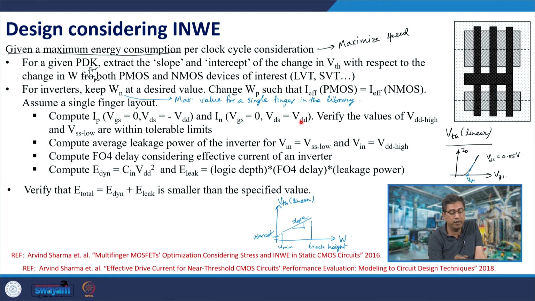For example, if the input is VDD, then this is the leakage current, and it would flow through the N MOSFET also. So, you calculate this and you have the inverter.